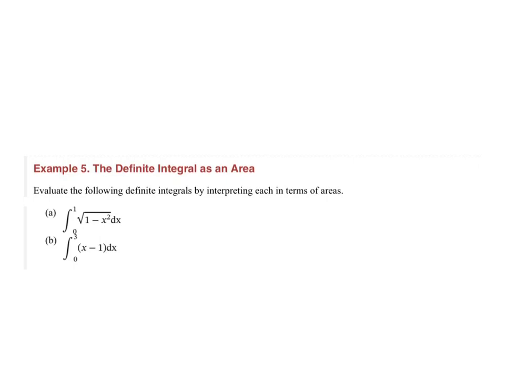You can't do integration yet. We're supposed to look at this by interpreting each in terms of their areas. So we're thinking geometry. Let there be geometry in your little brain. This one, I have seen this before on a practice AP exam. They expect you to know this, which is a scary thought to me.